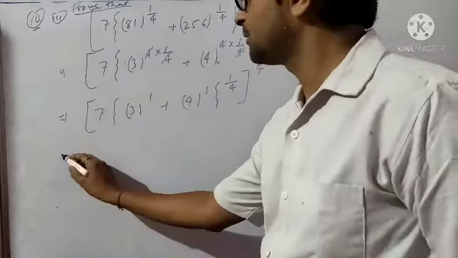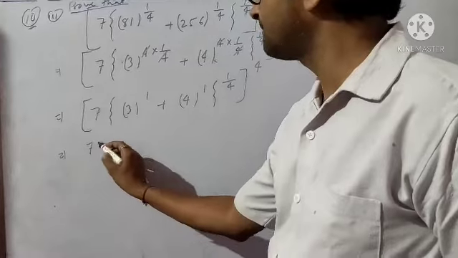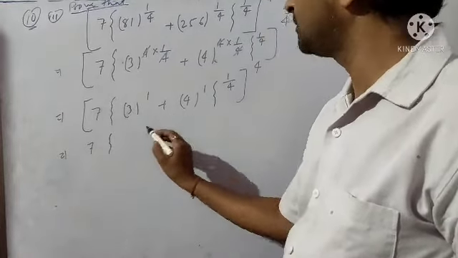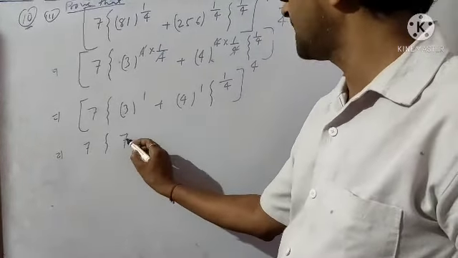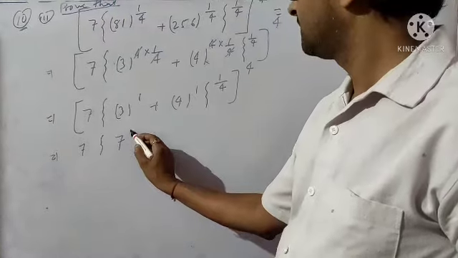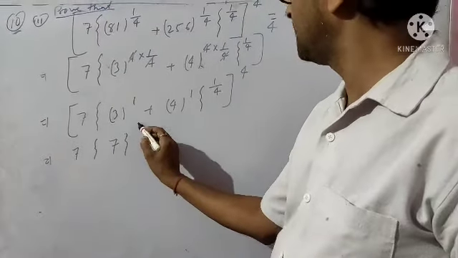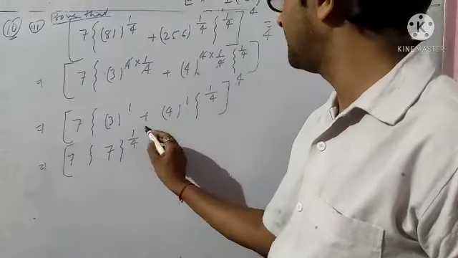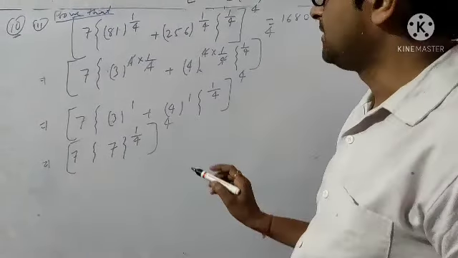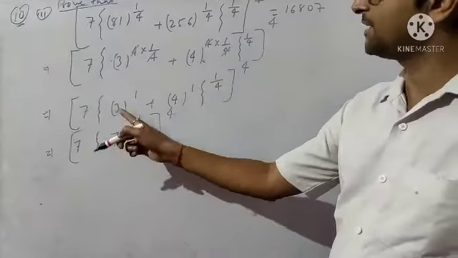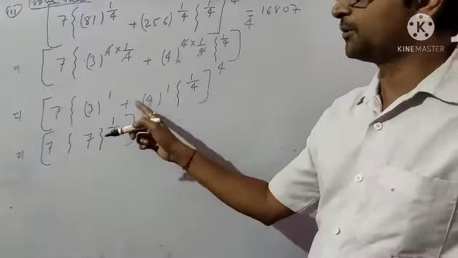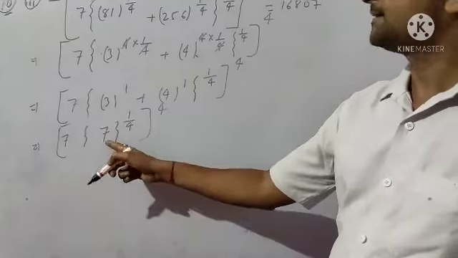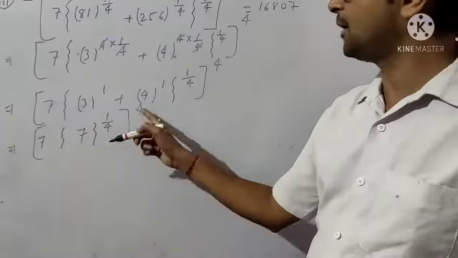Okay student, so this value is equal to 3 plus 4 is equal to 7, 7 to the power 1 by 4, and here the complete value is 4. Look at here, 3 to the power 1 is equal to 3 and 4 to the power 1 is equal to 4, so 3 plus 4 is 7, 7 to the power 1 by 4 and the whole bracket is 4.